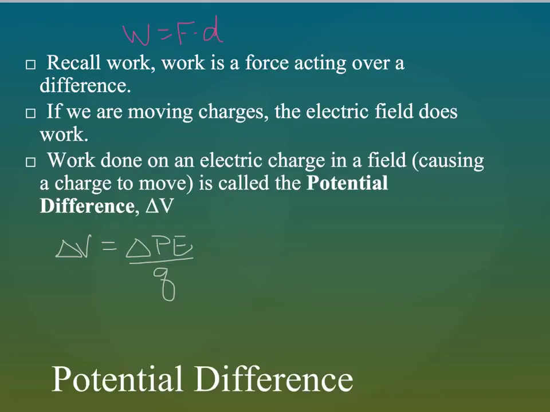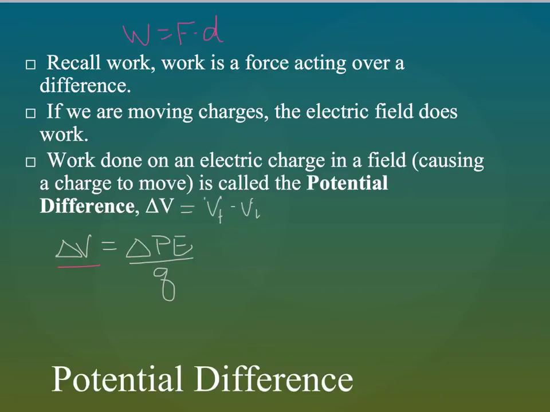We indicate that by using this delta in front of it because it's a difference. Remember, delta equals final minus initial, so we're going to have V final minus V initial. Don't focus on this too much. Then we get this equation here: our potential difference equals the change in potential energy divided by Q.